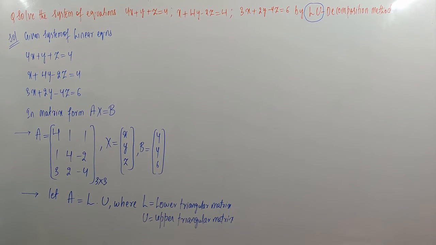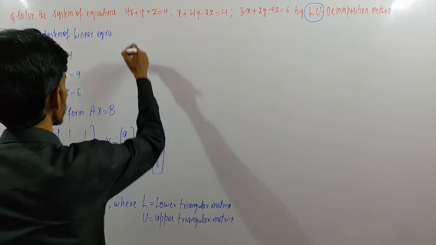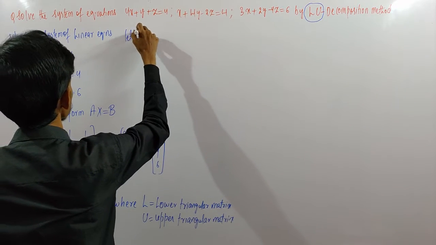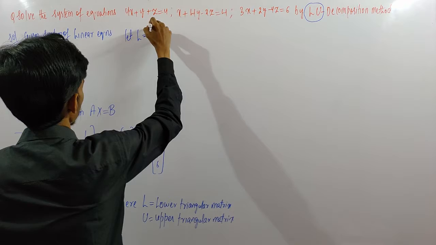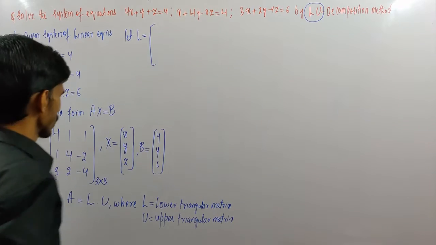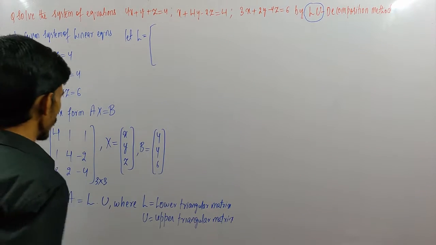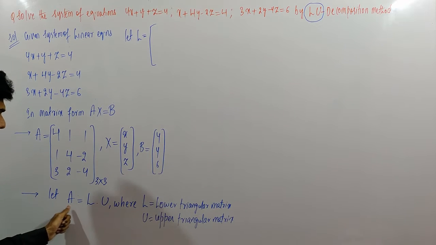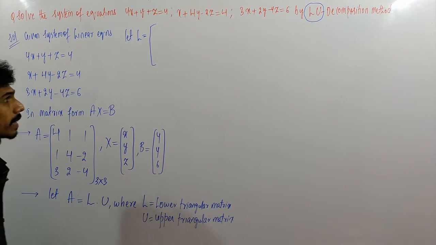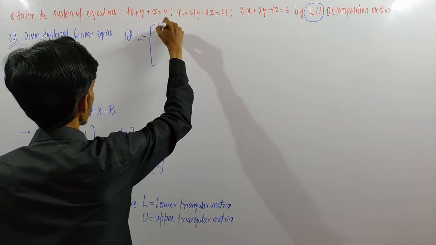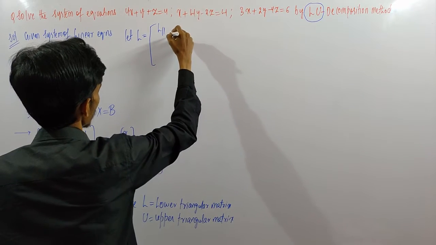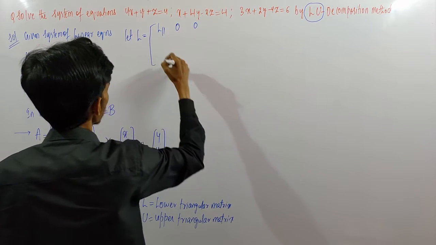Let us take the elements of this lower triangular matrix. We have to take a 3 by 3 matrix since A is a 3 by 3 matrix. So let us take the first element L11. Next we take 0, 0.